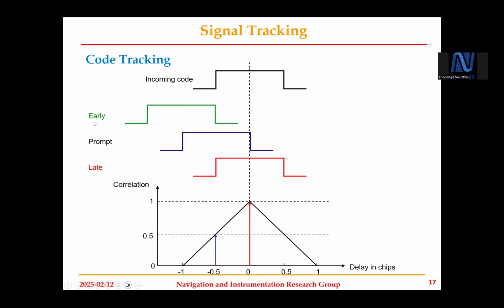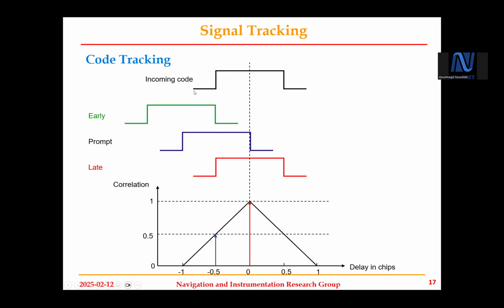We call the first one early, which is slightly ahead of the correct alignment. The second one, or the middle one, is the prompt, which should be ideally aligned with the received signal. That's our goal, to keep one of them aligned with the incoming signal.